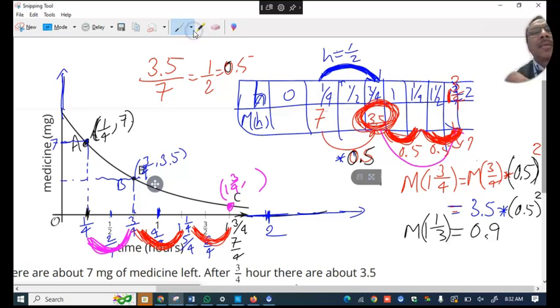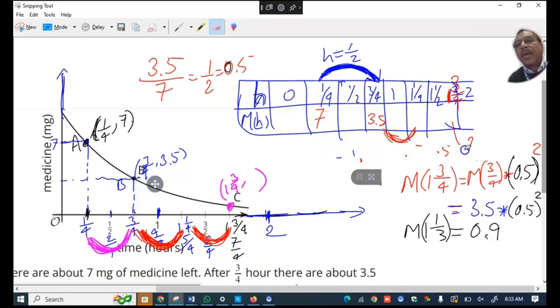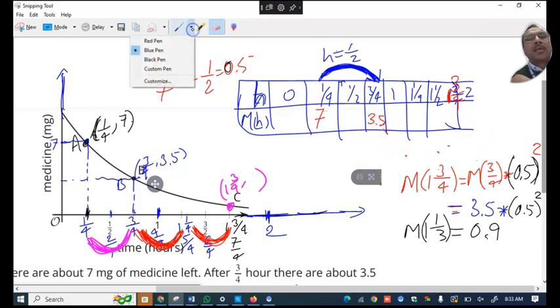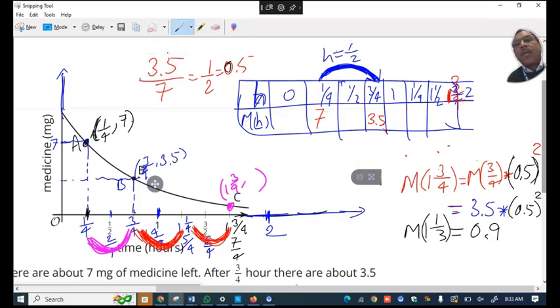Okay, the last question is asking us, I'm going to read this. How does the decay factor, so let's take this off and make some room here, there's too much stuff here. How does the decay factor from 1/4 to 1/2 compare? So what do you think must be happening here?